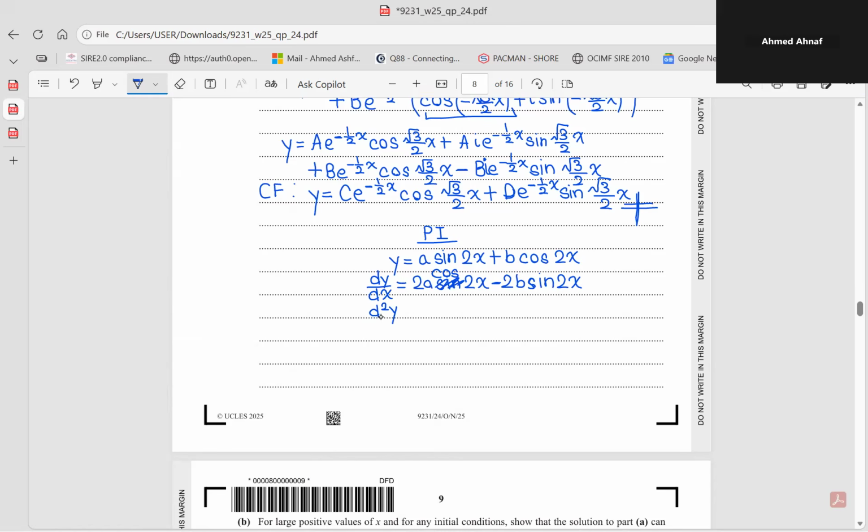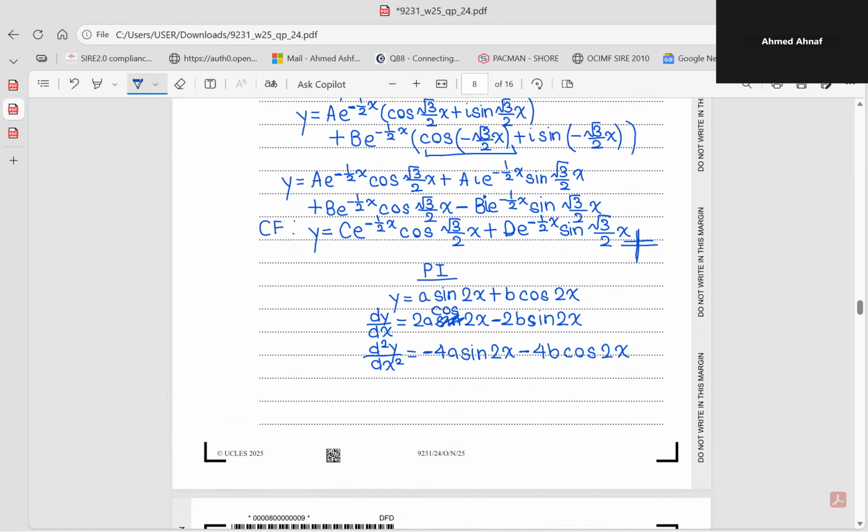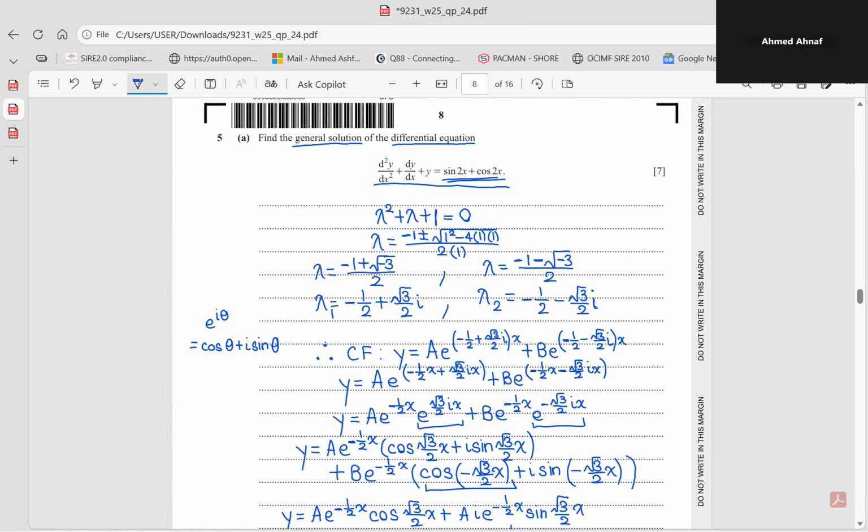And d squared y over dx squared is going to be minus 4a sine 2x minus 4b cosine 2x. So these are our expressions for y, dy/dx and d squared y over dx squared.